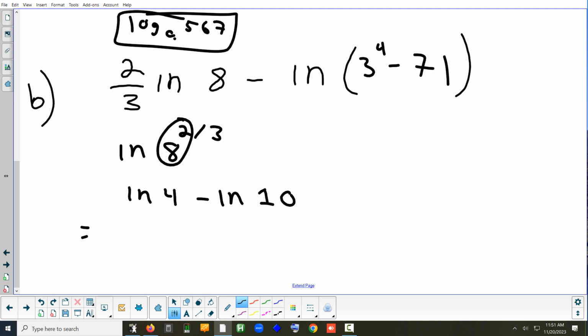It would be ln 4 over 10, and if you want to simplify it more, it would be ln 0.4. You could do 0.4, or you could leave it as 2/5, either way. Where'd you get the ln of 10 from? So that was 3 to the 4th minus 71. We have 81, 81 minus 71. Oh, okay. Yep.